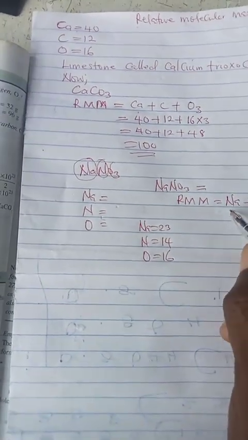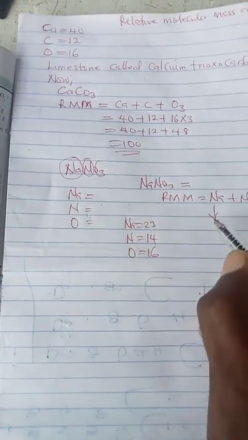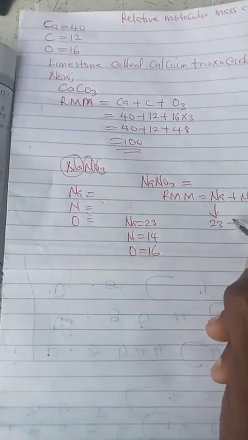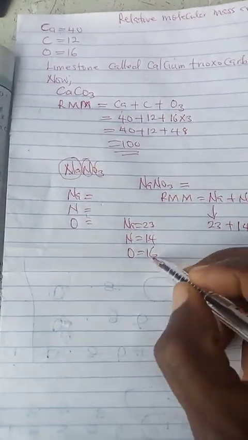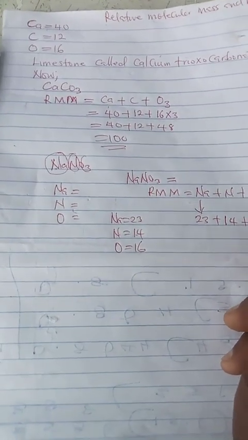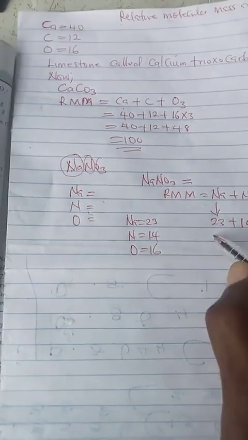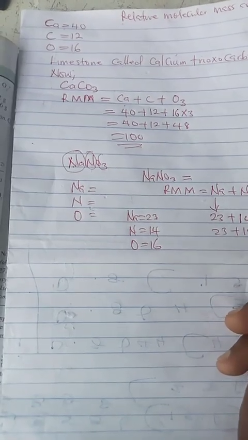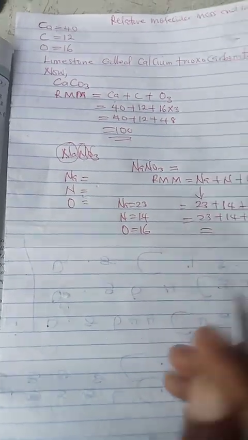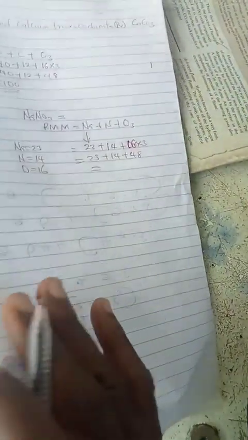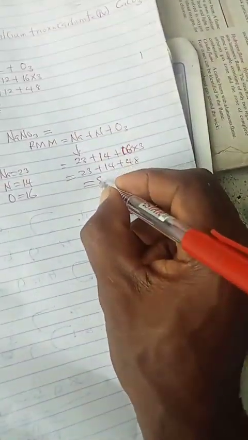So we apply that: 23 plus 14 plus 16 times 3, giving us 23 plus 14 plus 48, which is going to give us 85.